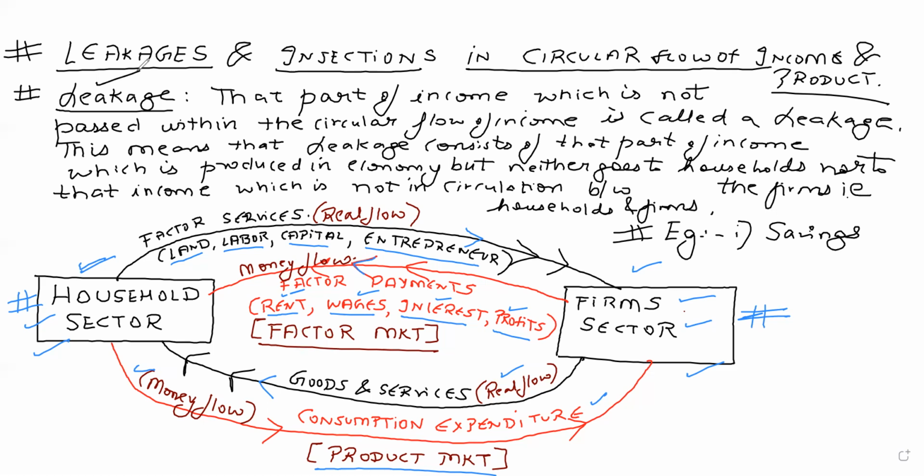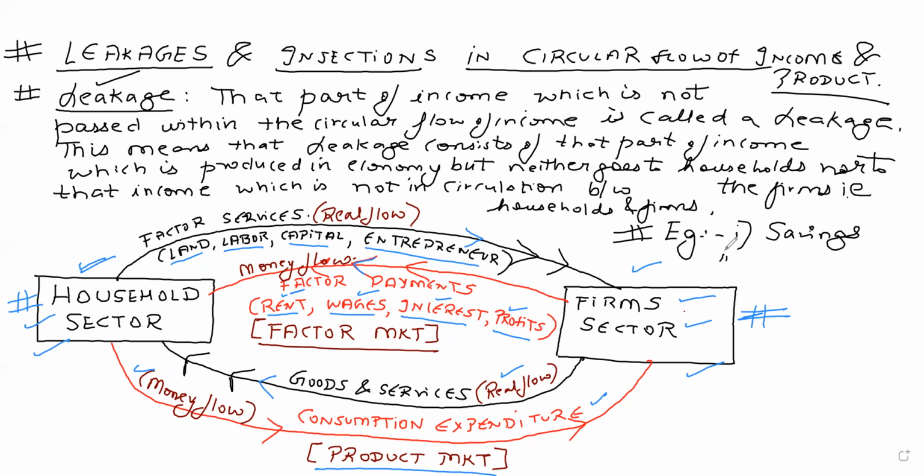So savings is a leakage because the amount by which the household is saving money is that income which is not in circulation. That money you have kept with yourself, you have removed that money from getting circulated. So it is a leakage.